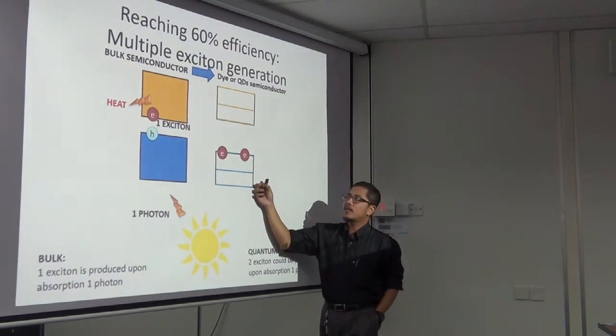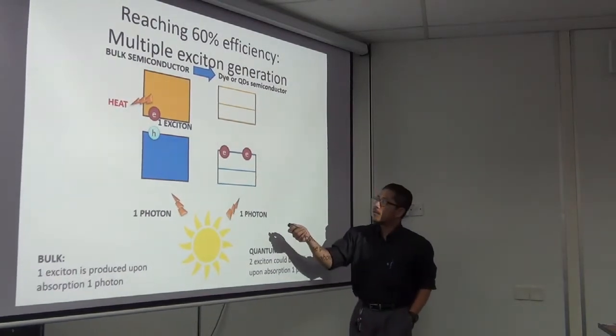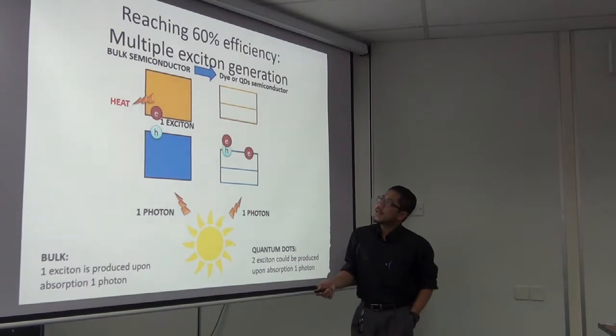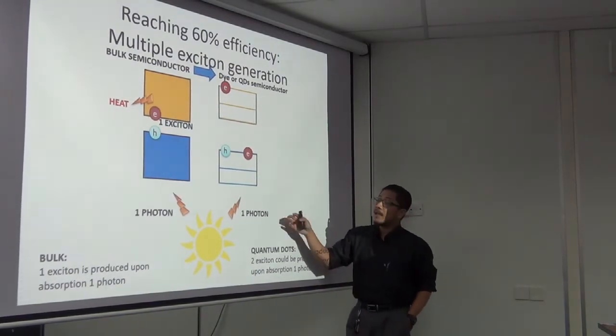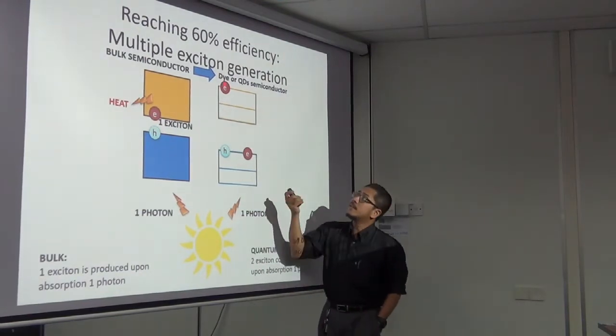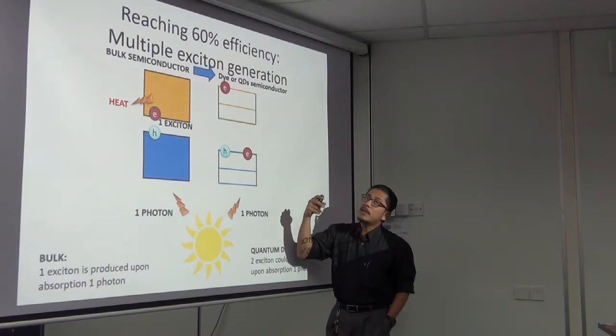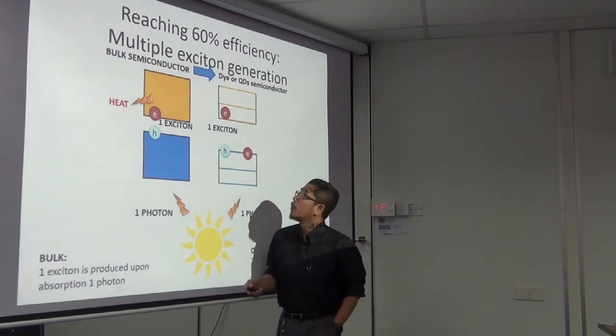Unlike our friend over here, the quantum dot, upon absorption of one photon, this electron could be excited more than the value of the band gap if it absorbs the high energy photon. Now this electron will finally relax as well. It will relax to the second or the first LUMO.